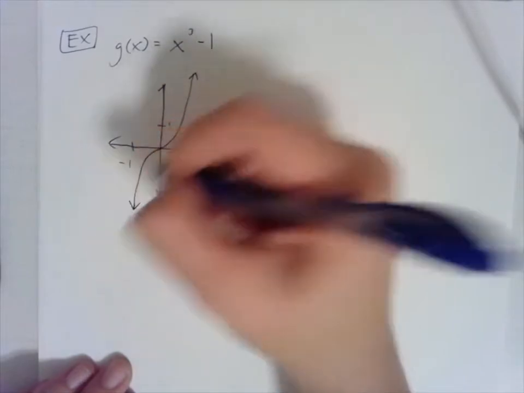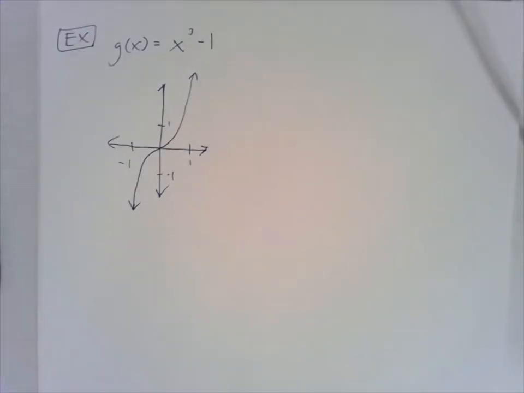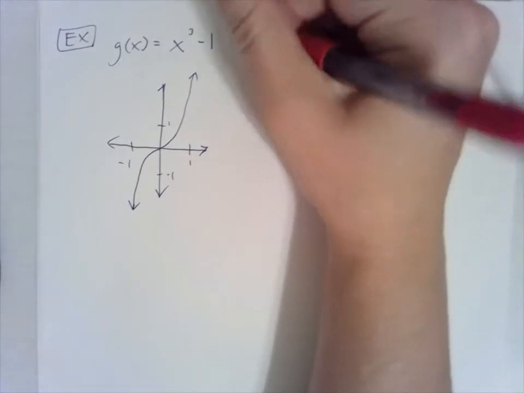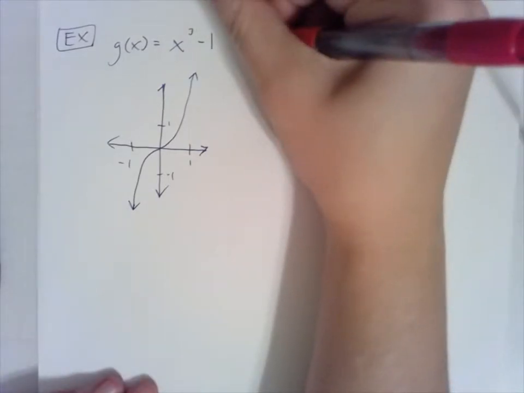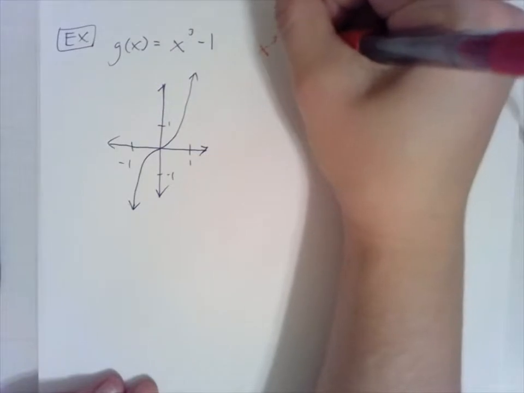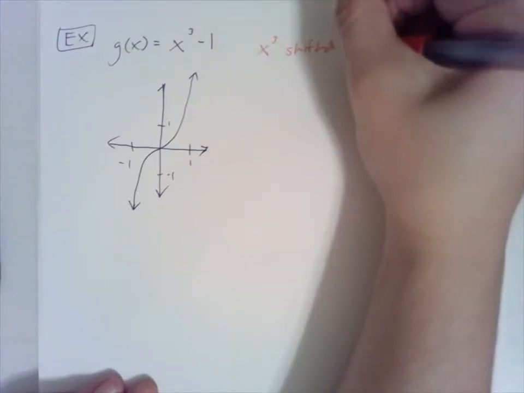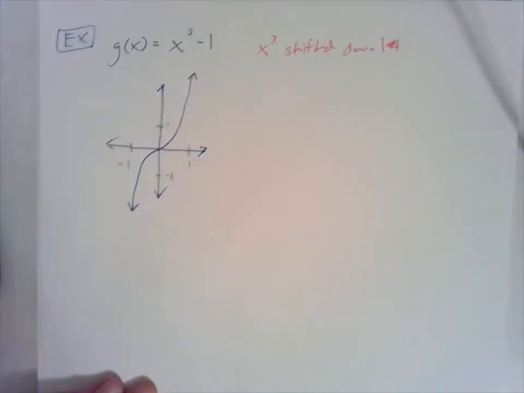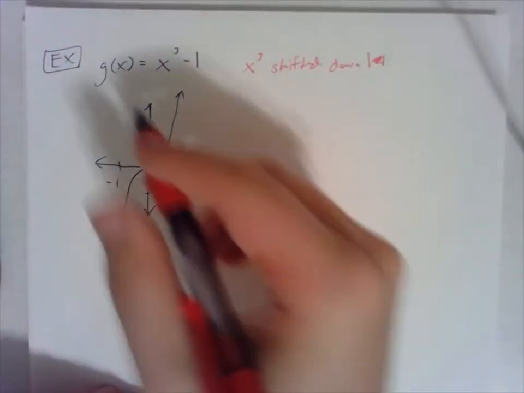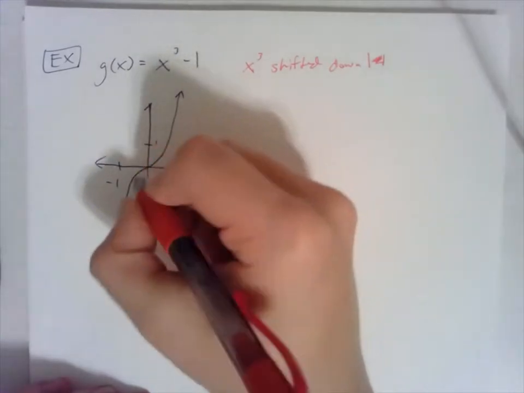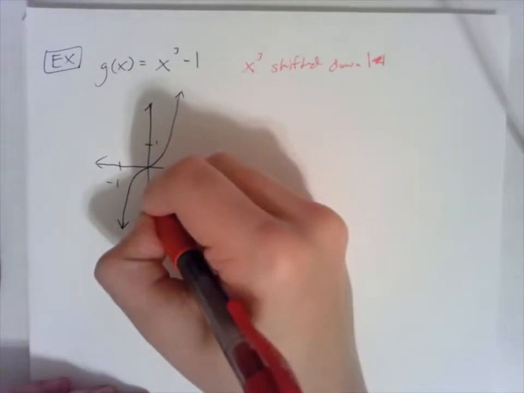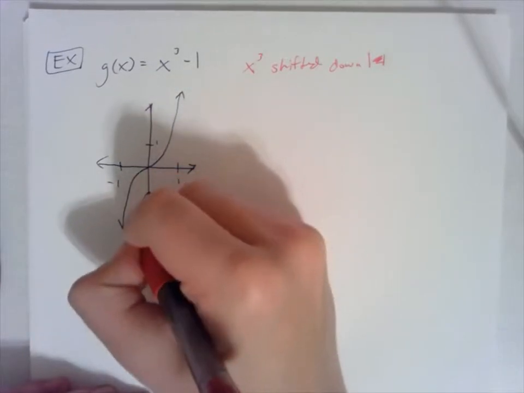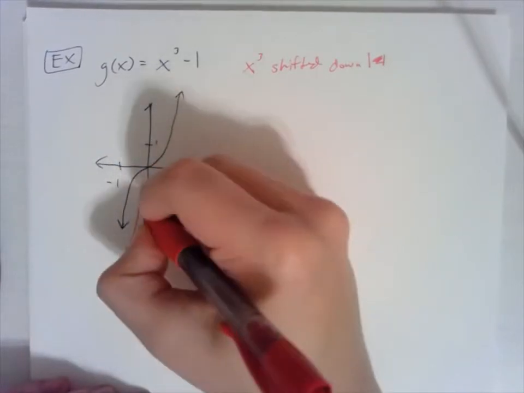If we wanted to move that downward 1, we can say it's going to be x cubed shifted down, just down 1. Then when we graph g of x, we can start here at negative 1, and make that little curvy shape still the same. It would go up, curve, and go back up.